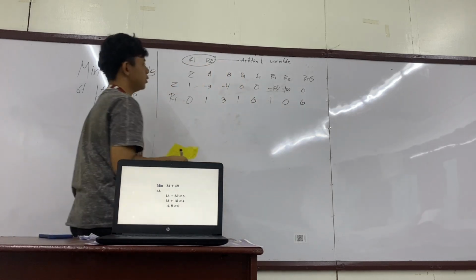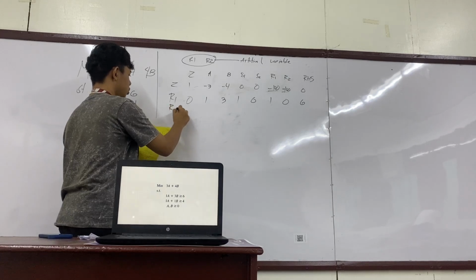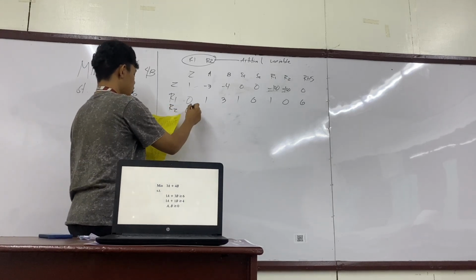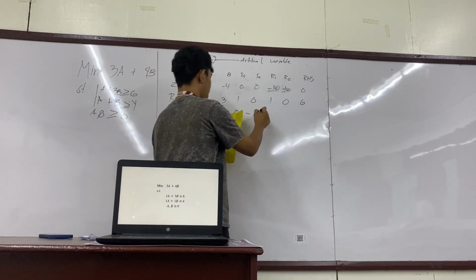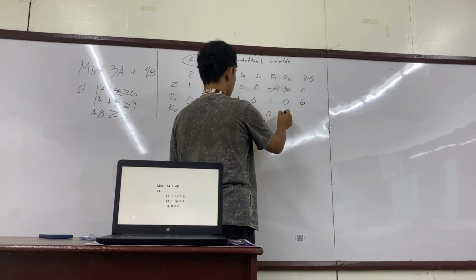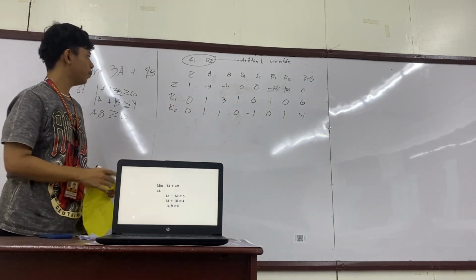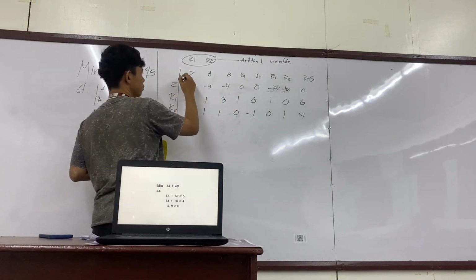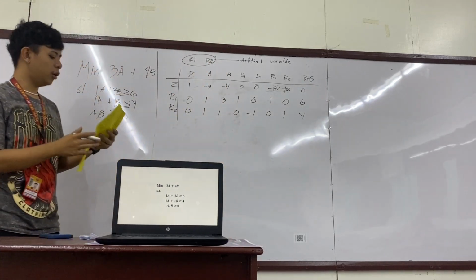Okay. The next is the R2: 0, 1, 1, 0, -1, 0, 1, and 4. So this is our table.